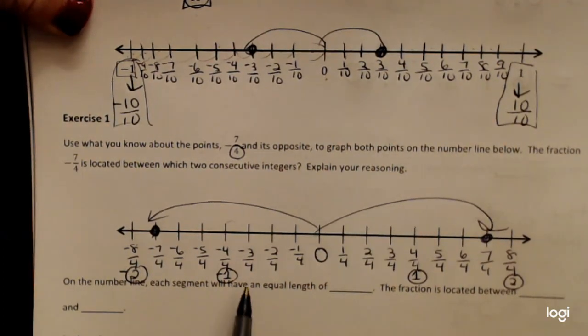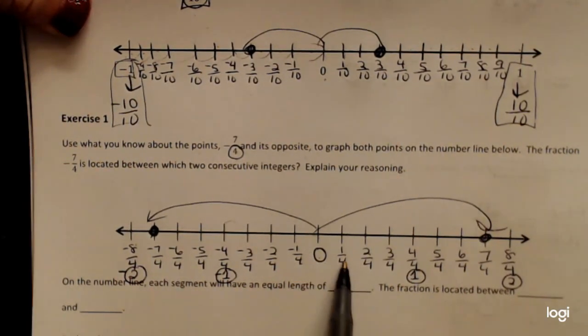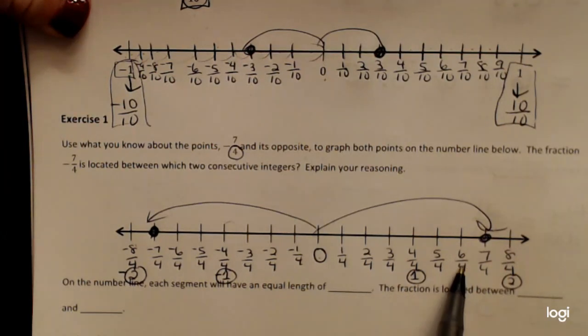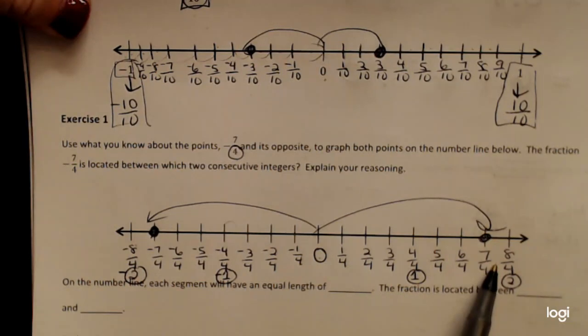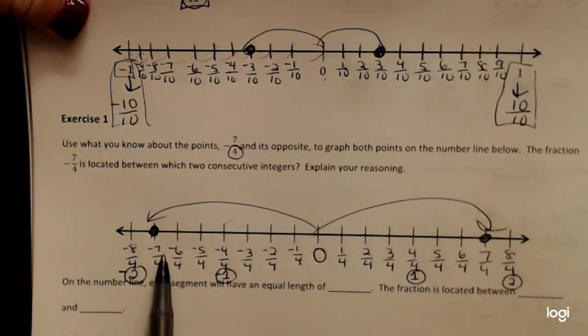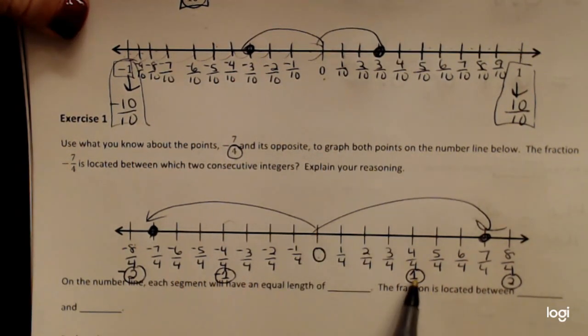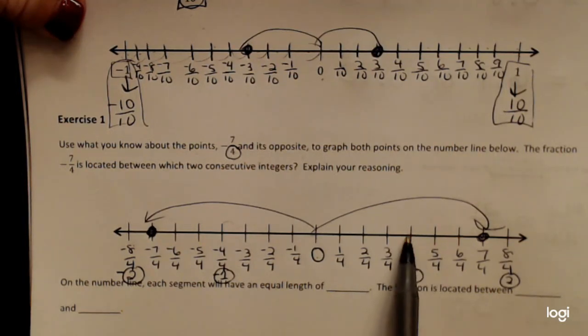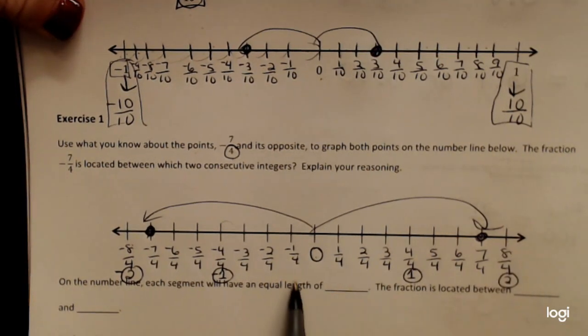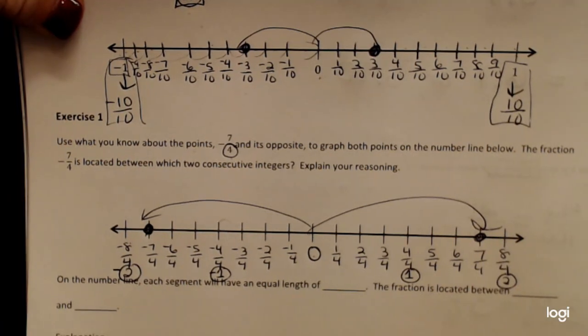Okay, so here's our 0. We are counting by these rational numbers or fractions, positive numbers to the right, negative numbers to the left. I went ahead and added the integers to help us out a little bit. So this is from 0 to 1, this would be 1, and then we have the integer 2. And we also put -1 and -2.